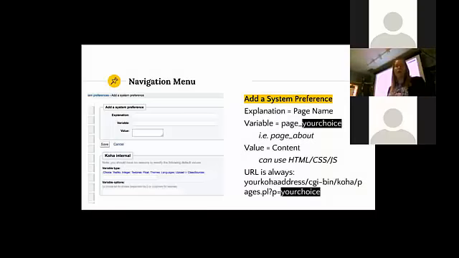So, in the preference, and this is a screenshot of all of our pages that we do have. And when you click to add an event, you pull up this box. The explanation field is, the variable is an identifier for what you call it, but the content goes in the area, and that's just like opac main user block.